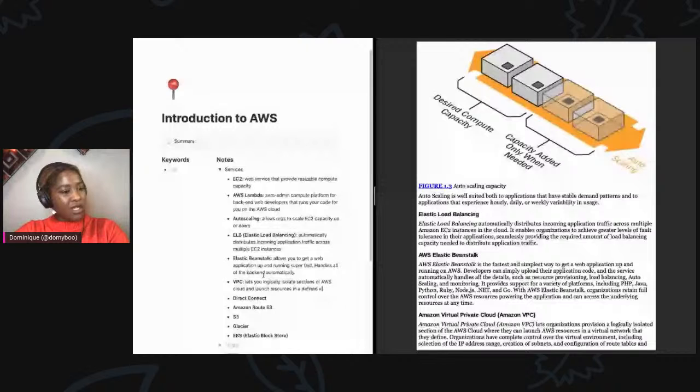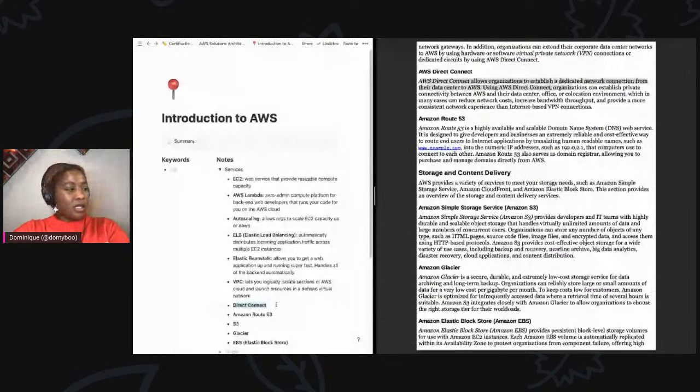Cool. What is AWS Direct Connect? It allows organizations to establish a dedicated network connection from their data center to AWS. Connect data center to AWS.